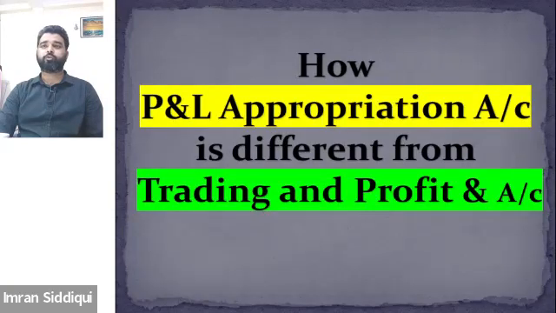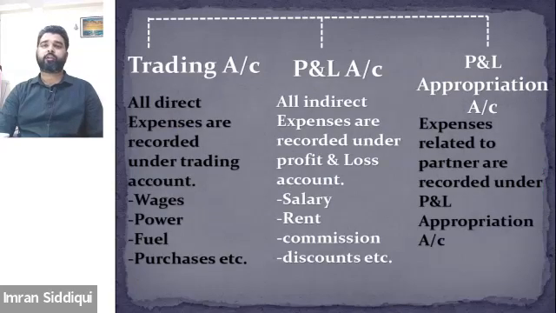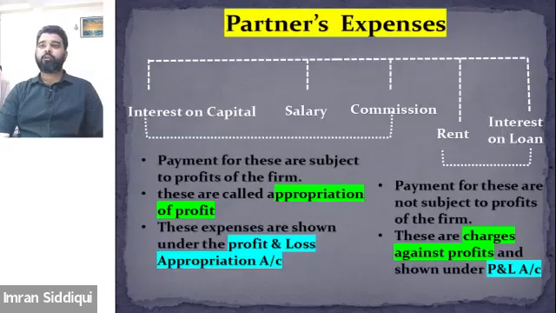After that, I told you the difference between the P&L and the P&L appropriation account, wherein I told you that the trading account records all kinds of direct expenses, and the P&L account records all kinds of indirect expenses of the business. But in the case of the P&L appropriation account, we record expenses related to partners only. After that, we classified the expenses relating to partners into 5 different categories, which include interest on capital, salary, commission, rent, and interest on loan.